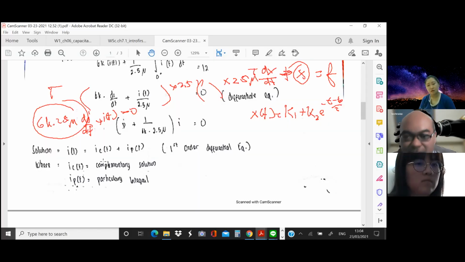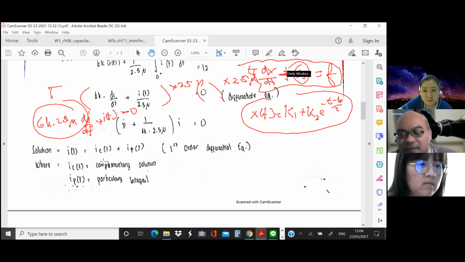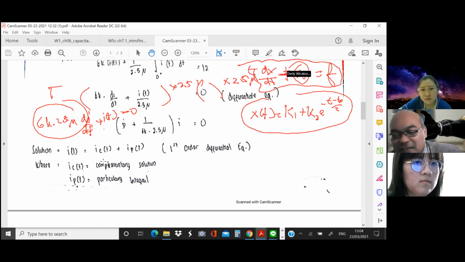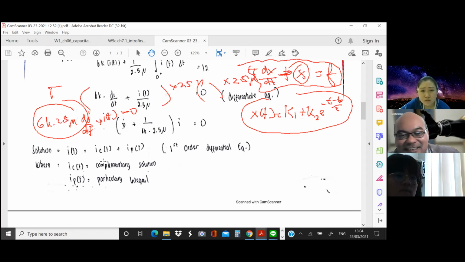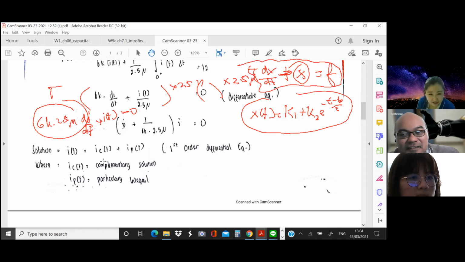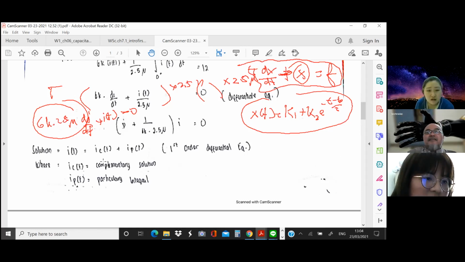But in order to get this general solution, we have to re-express the circuit equation into this standard form of the differential equation. And this is not standard because the I, which is x here, still has a coefficient. Anyway, can you continue?